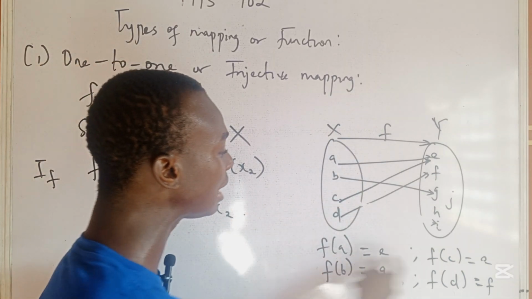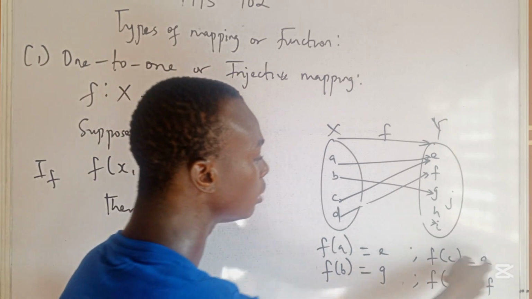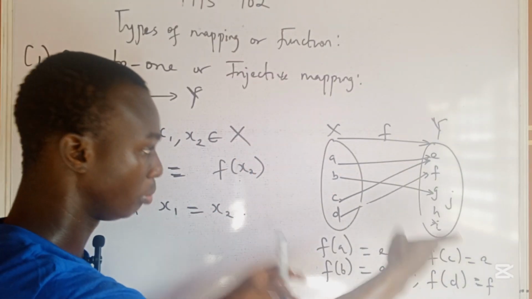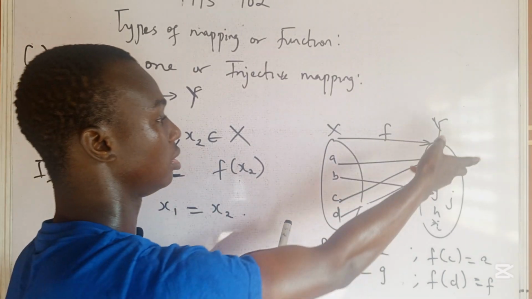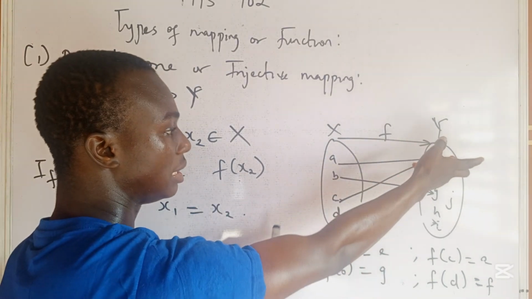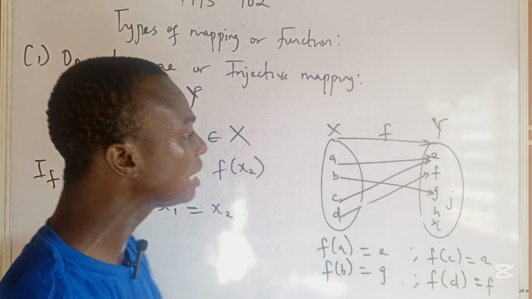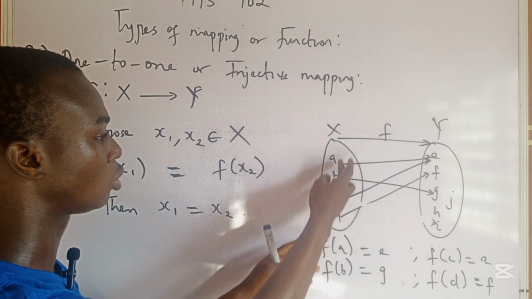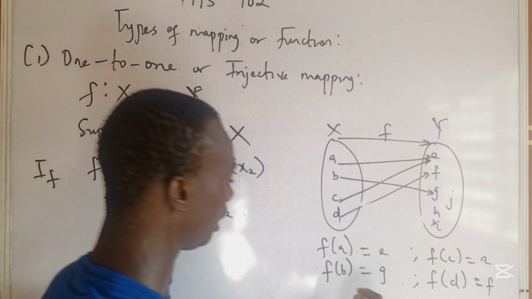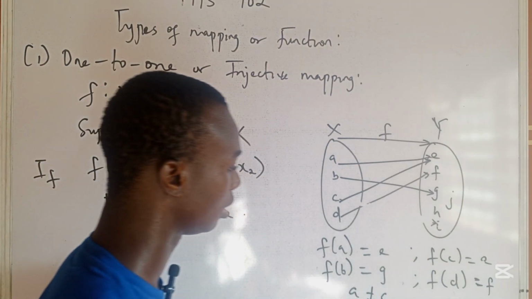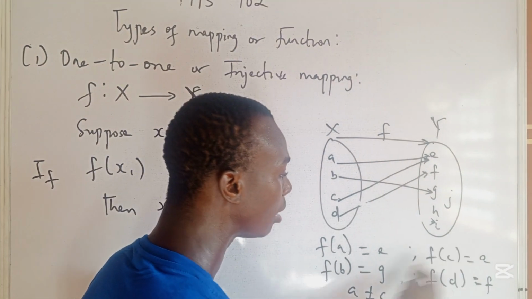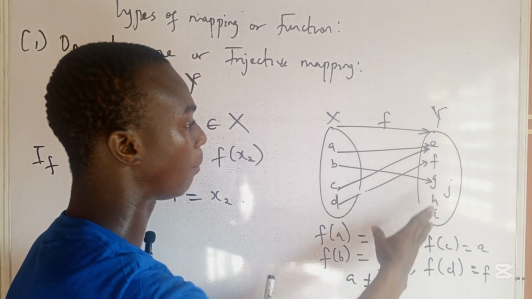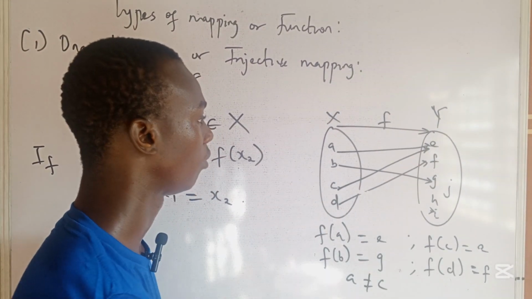This is a map because a has a unique image and c has a unique image e. But is it a one-to-one map? A is not equal to c, but they have the same image. Therefore, this example is not a one-to-one function.